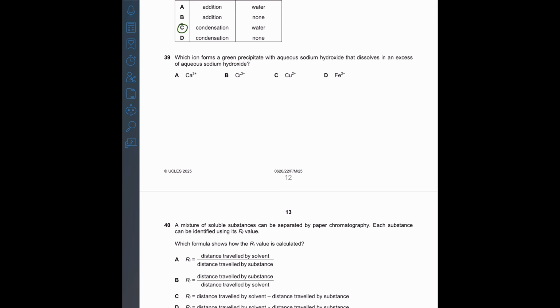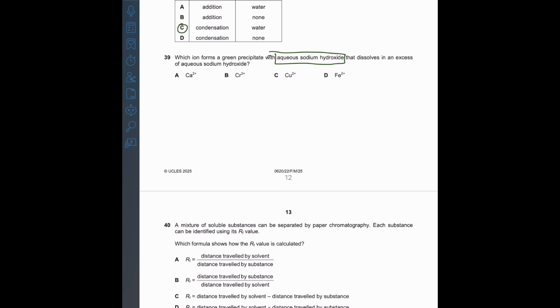Question number 39. Which ion forms a green precipitate with aqueous sodium hydroxide? Okay, so we got a green precipitate with aqueous sodium hydroxide, and it also dissolves in excess sodium hydroxide. So we need to learn the anion and cation identification reactions.